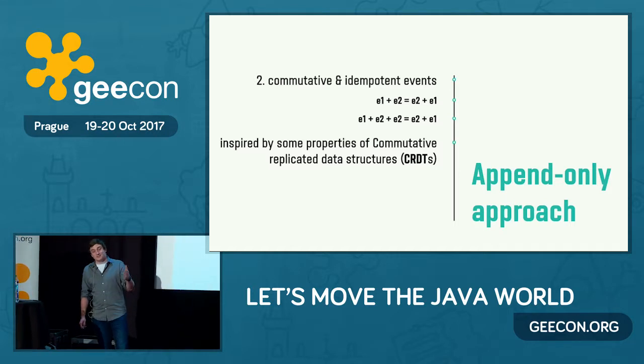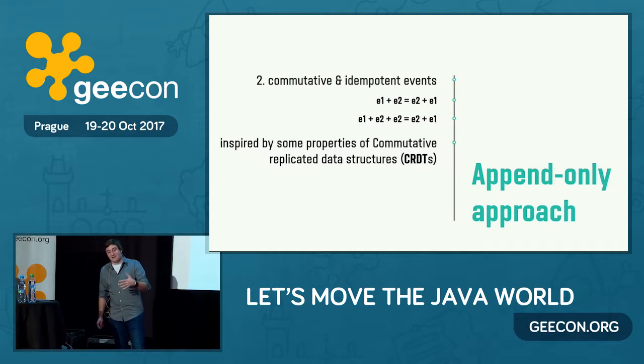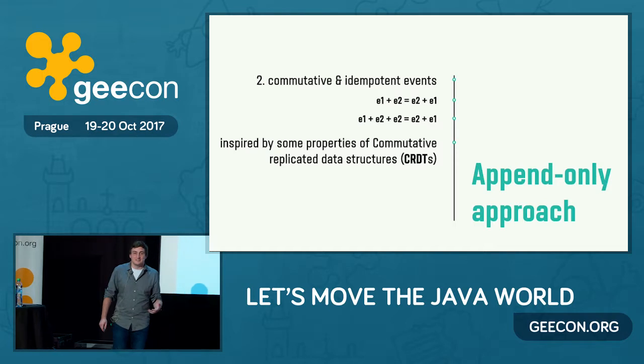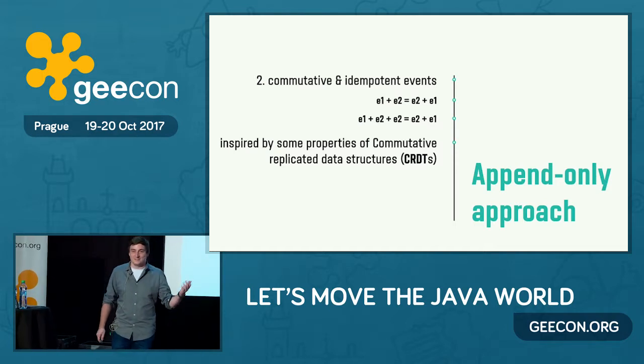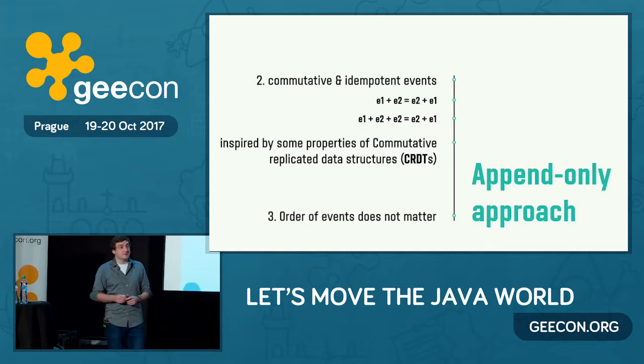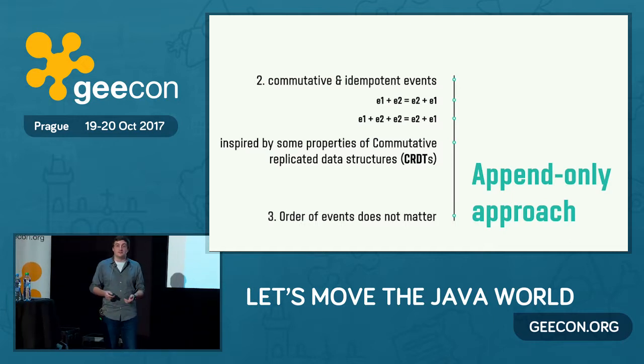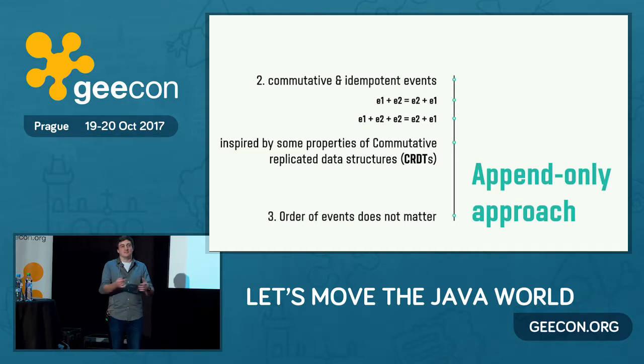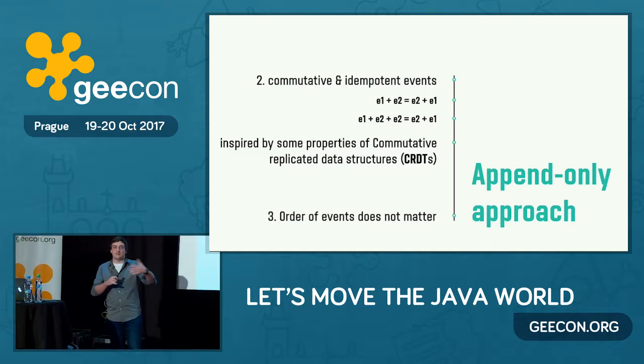I would like to say that those properties are kind of inspired by CRDTs, but this is really just 3rd grade math. So the third kind of events that we have is where order does not even matter. For example, the delete operation. It does not really matter when the delete operation happened, because after that you cannot do any more events on the entity.